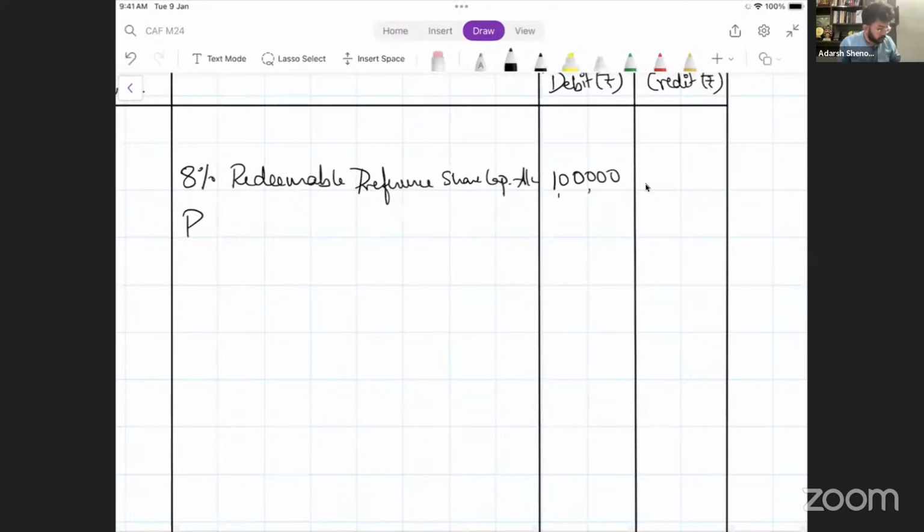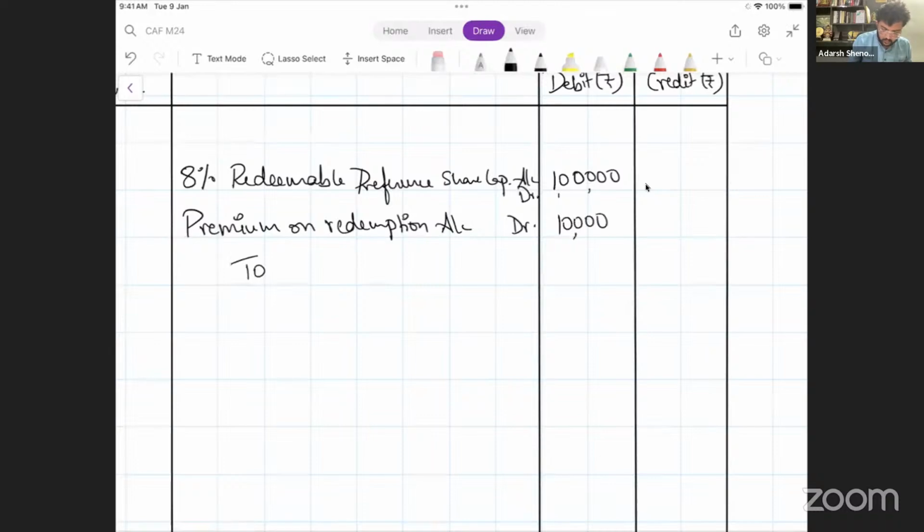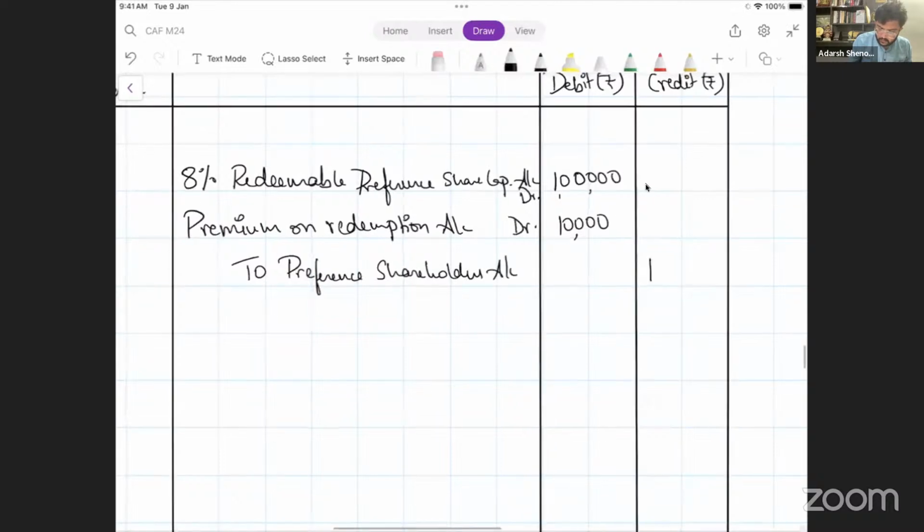This premium on redemption, 10%, which comes up to 10,000. 1,10,000 is payable to the preference shareholders.